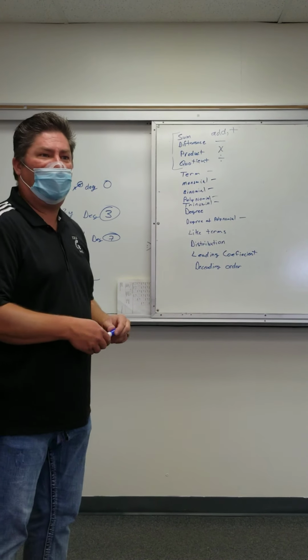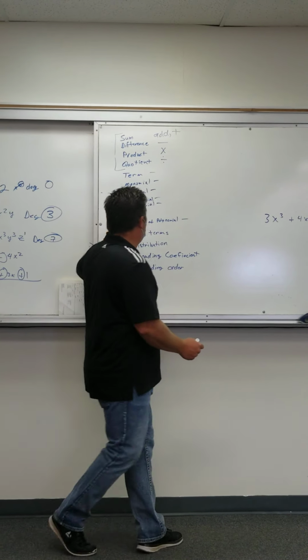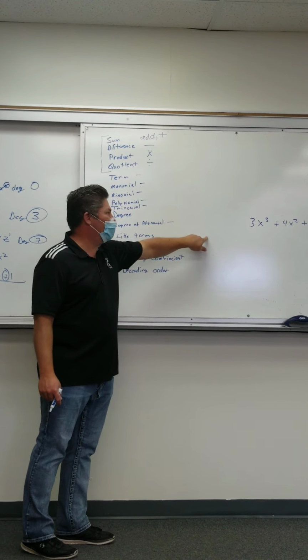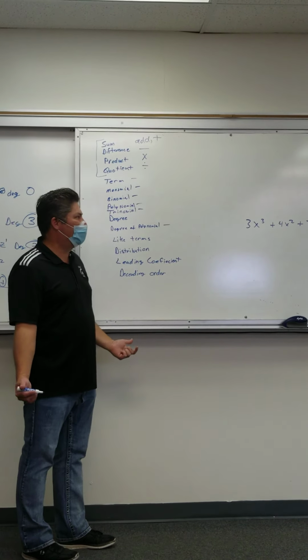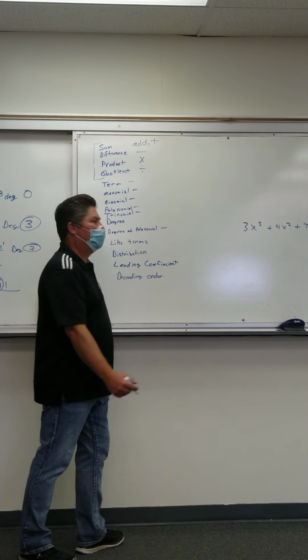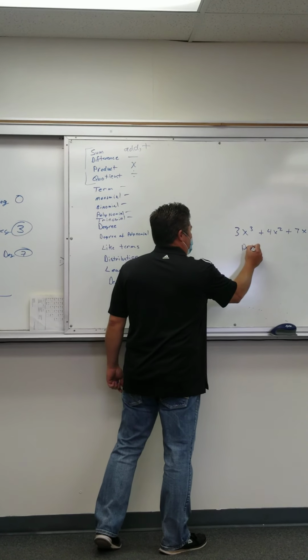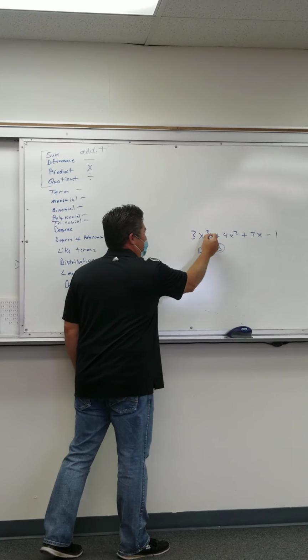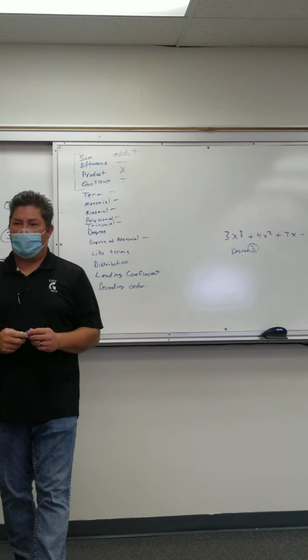What's the degree of the polynomial? We just told you, degree of polynomial is highest degreed term. What's the highest degree of any individual term? 3. Okay, this 3 is the highest degree term. You with me on that?